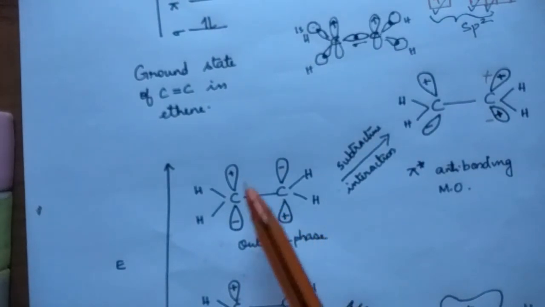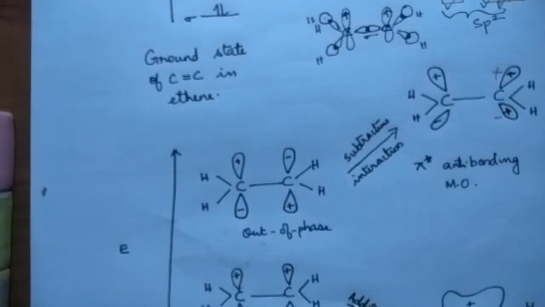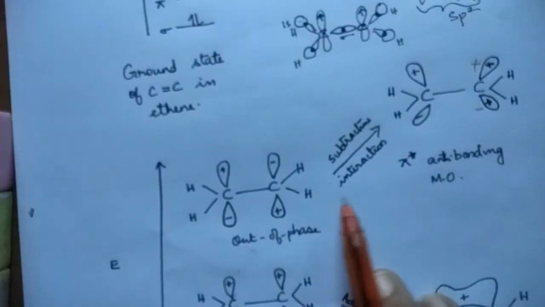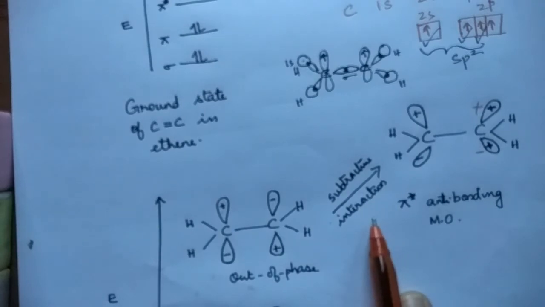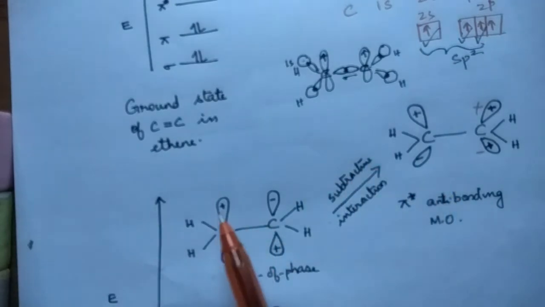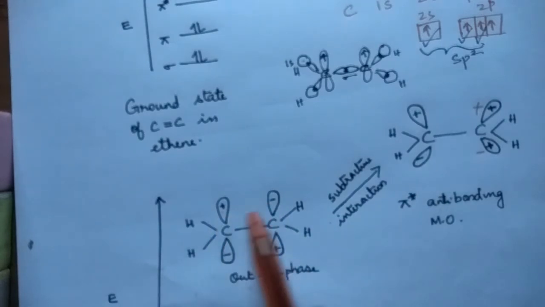Out of phase means the lobes have opposite sign, so it is known as a subtractive interaction. In this case we can say that these two will be repelling.